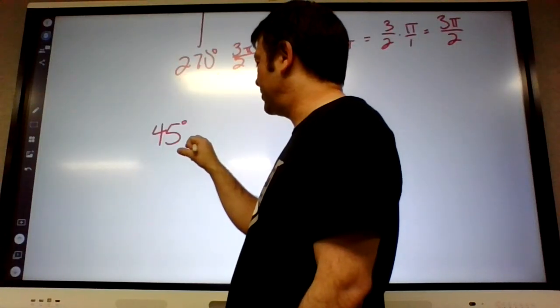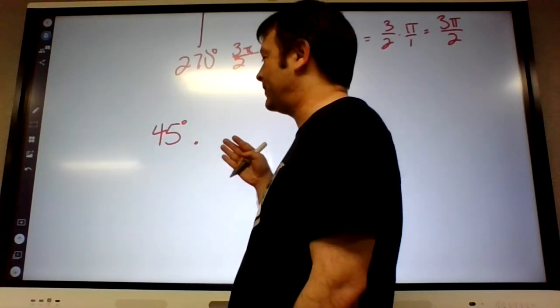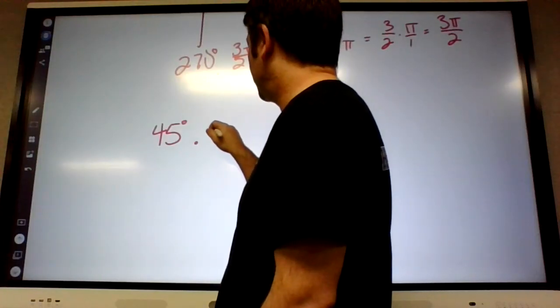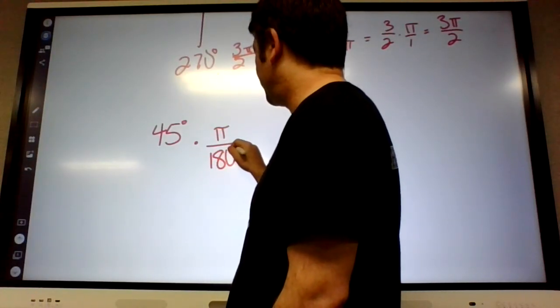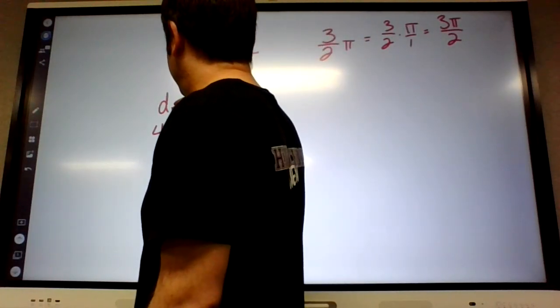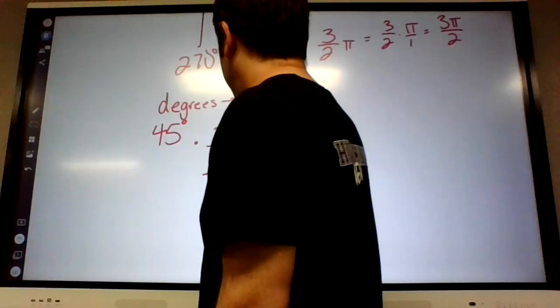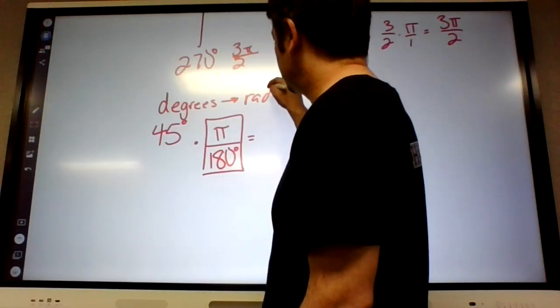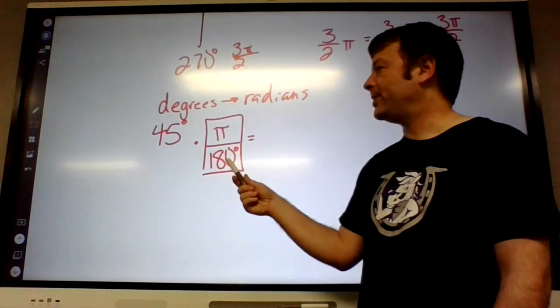So the converter: if we multiply this value by 1, it keeps the same value, right? So what you want to do is multiply by pi over 180. This converts from degrees to radians. You just multiply by pi over 180.